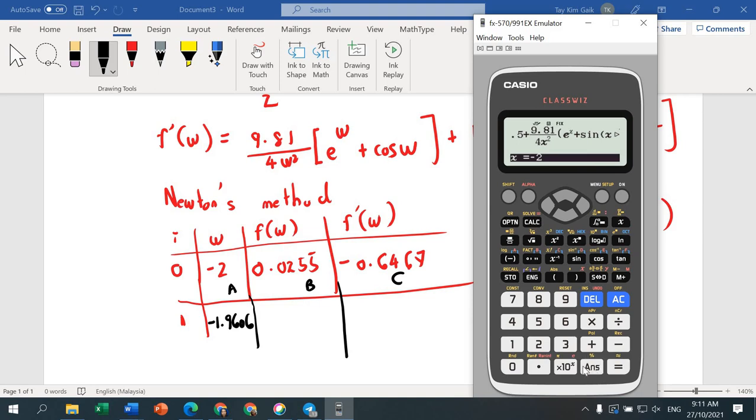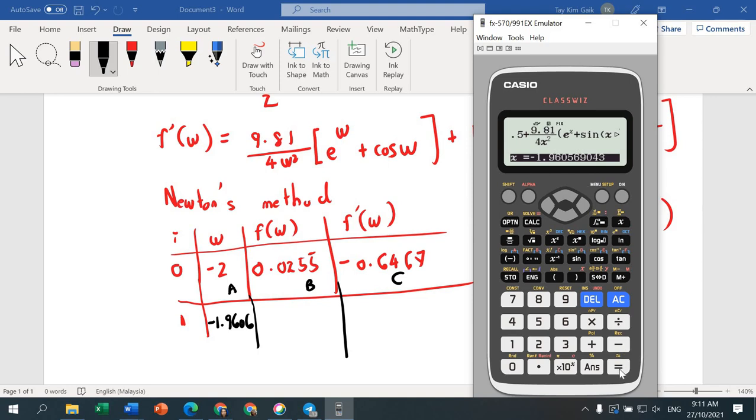If you press answer, even though we fixed to 4, they will take up all decimal places. If you key in -1.9606, the answer will be rounded a bit compared to using all the decimal places.